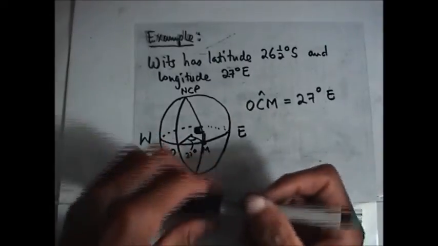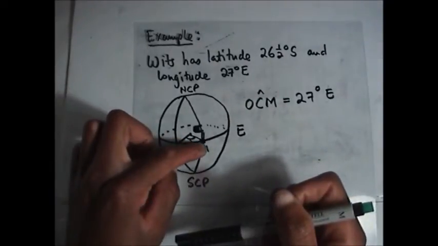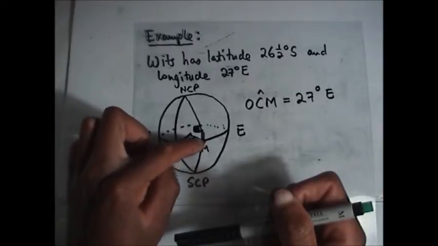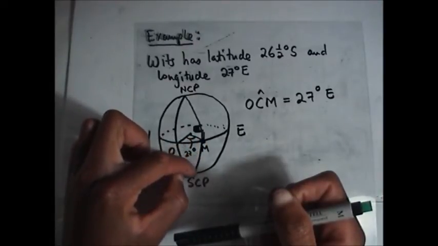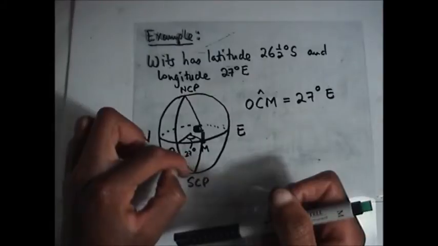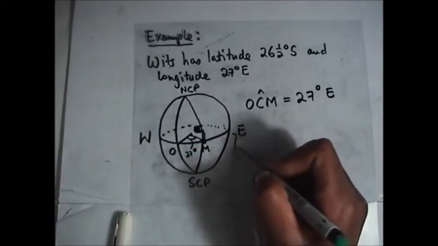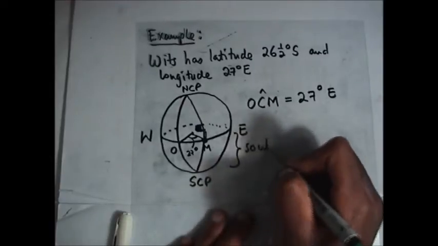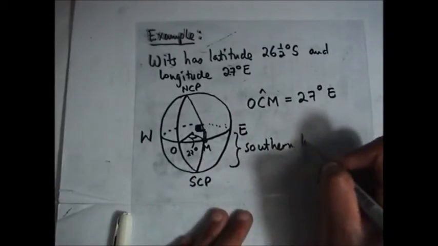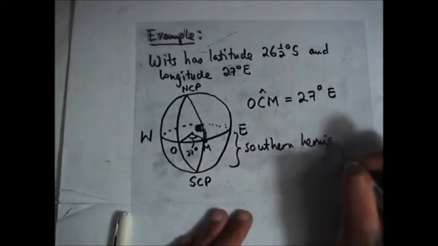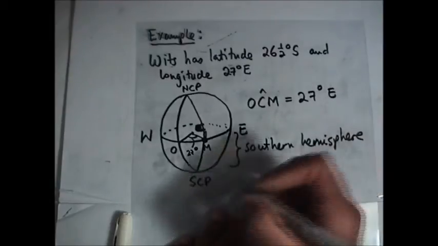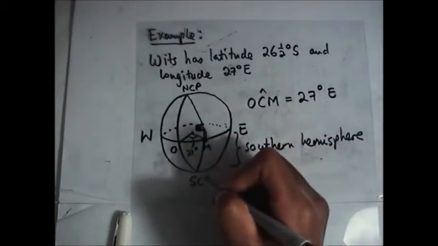So it lies anywhere here after M. This is the equator, right? So starting from M going down here, that's where our southern hemisphere is, from the equator going all the way down to the south geographical pole.